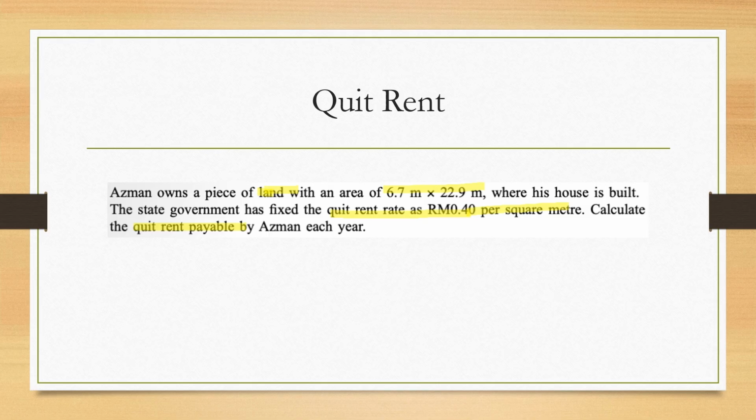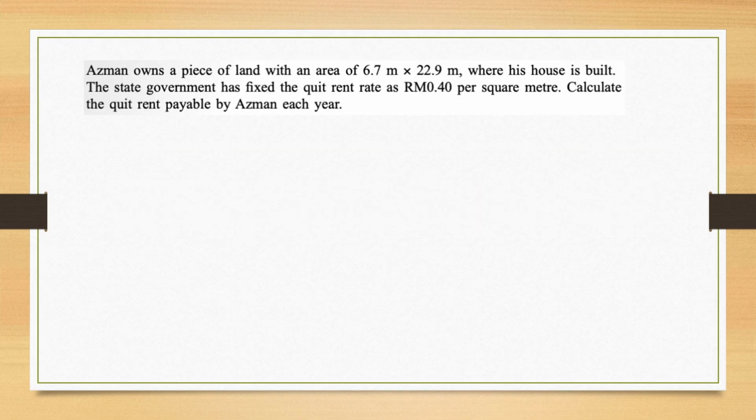Right. So we're done with that. Let's calculate this question. Quit rent. Area of the piece of land is 6.7 meter times 22.9 meter. Quit rent rate 40 cents per square meter.